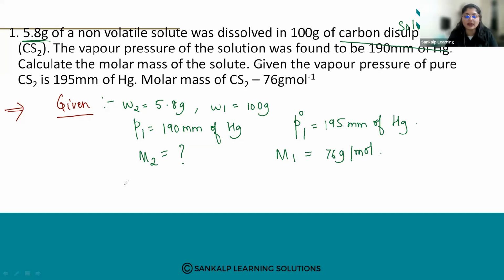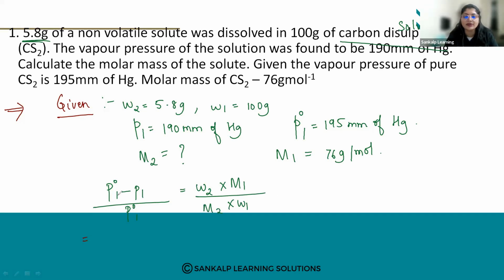Now what is the formula? We have seen the relative lowering of vapor pressure. The formula is like this: (P1 naught minus P1) divided by P1 naught equals W2 into M1 divided by M2 into W1. Put down the things.